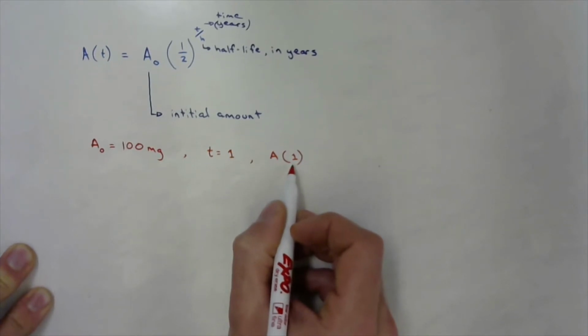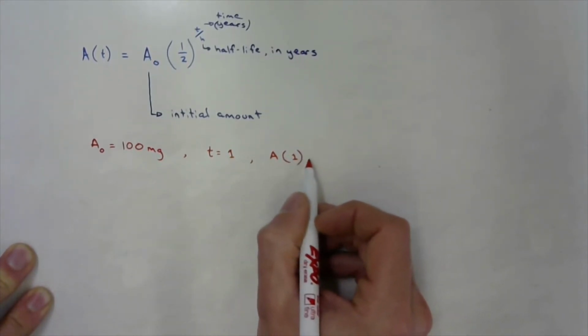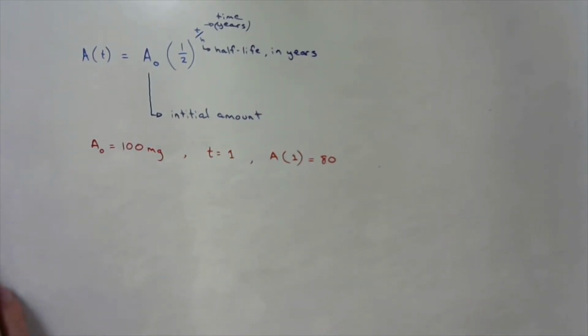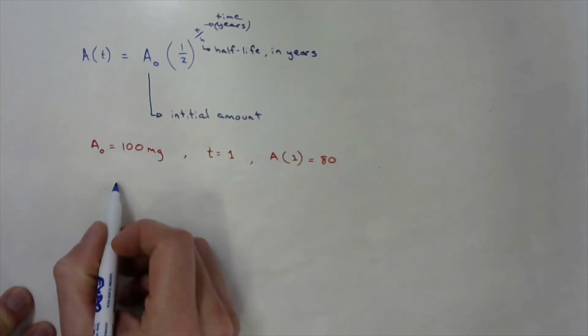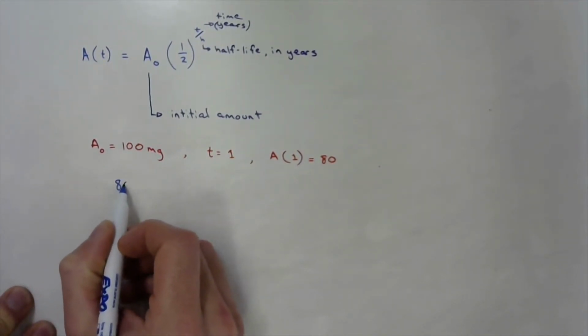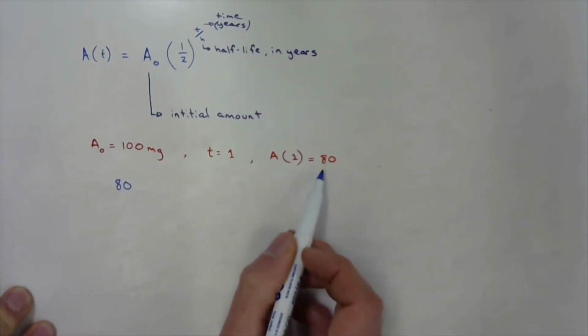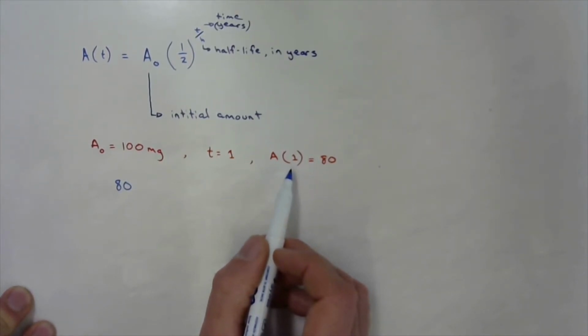So A sub T, or in this case A of 1, is 80. So we're going to take all of that and sub it into our equation. So A, the amount remaining that we're looking for, A of T, which is A of 1, because we're interested in what's happening here after 1 minute.